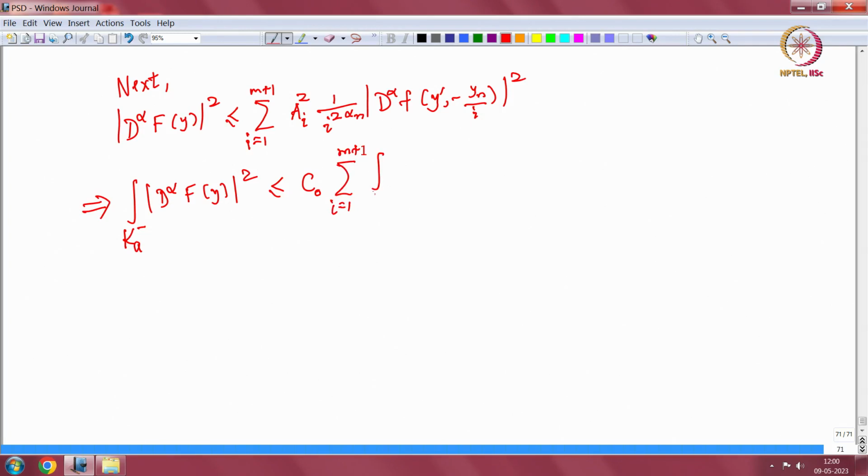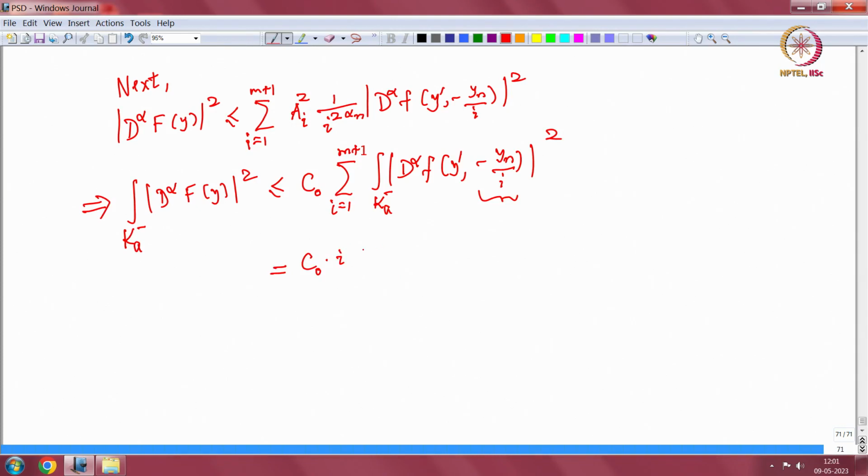So integral k a minus d alpha little f y prime minus y n by I, square. And now you make the change of variable. So you call this something different. So this is just, I will put again C0 that I comes.